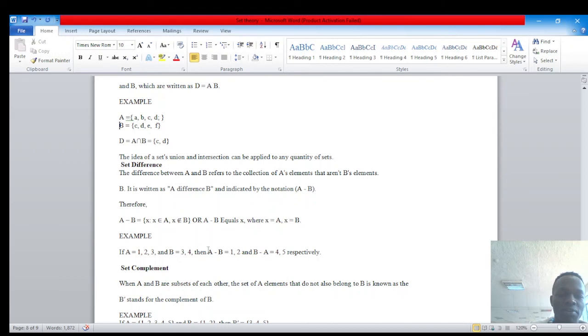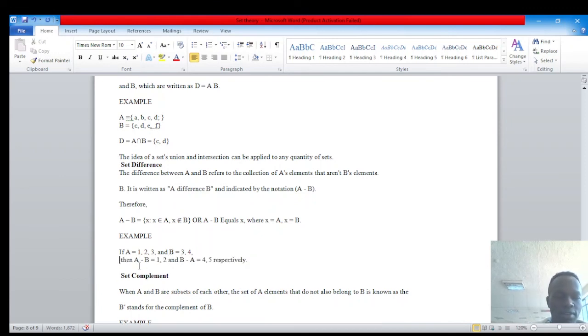We said that if we have the difference between sets, we read it as A difference B. So we come to A and ask what elements are in A and what elements are in B. Those elements that are in A that are not in B, that is the difference, and that's the answer.